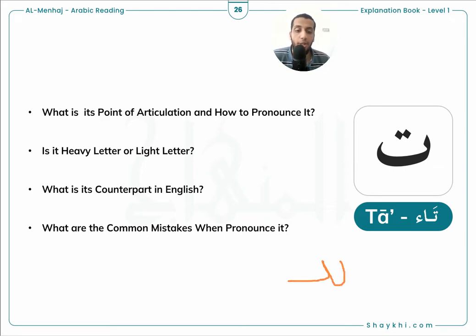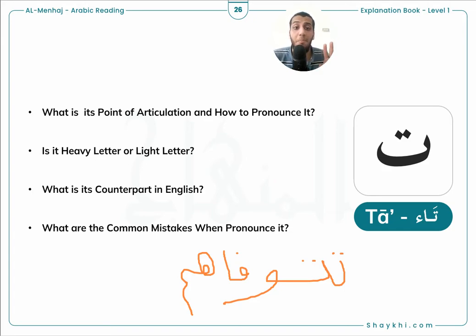So for example, the word تتوفاهم. Okay, this is تتوفاهم. This is the correct pronunciation. تتوفاهم الذين تتوفاهم الملائكة.